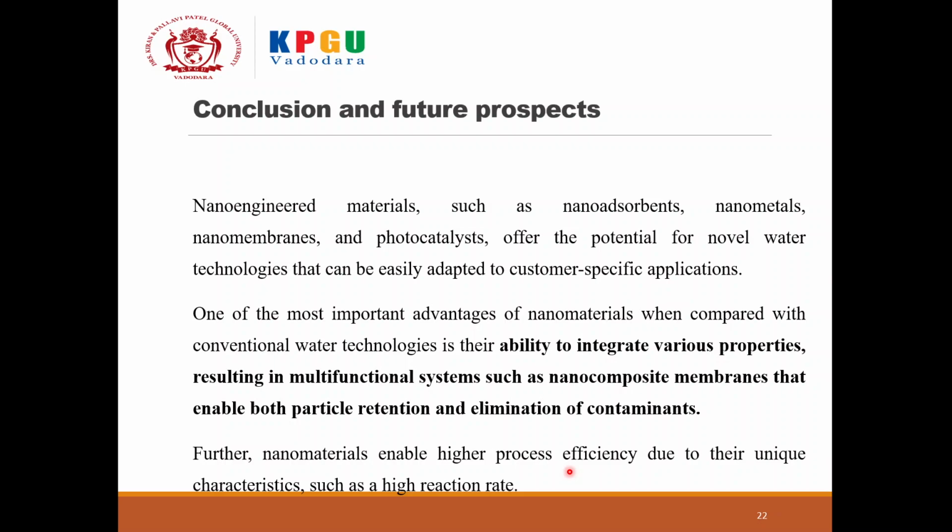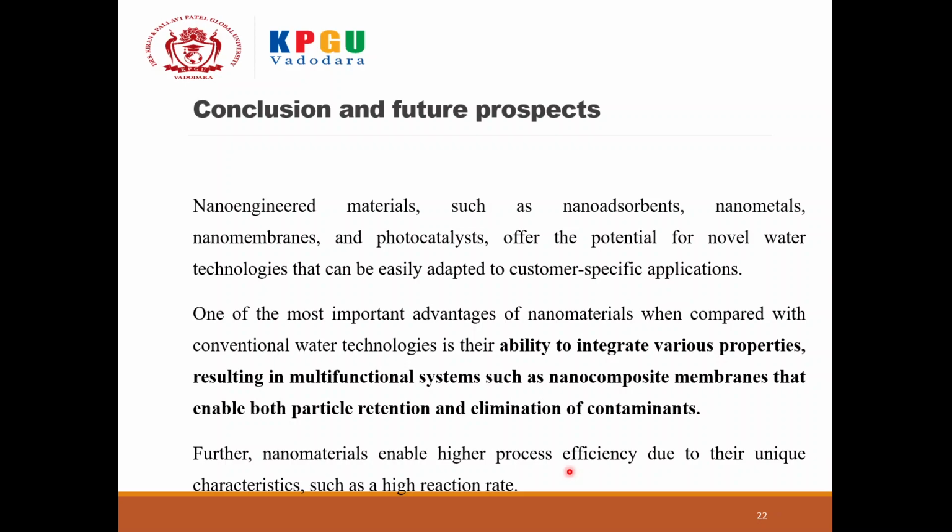So nano-engineered materials such as nano-adsorbent, nanometal, nanomembrane, photocatalyst, and many other varieties offer the potential for novel water technologies that can be easily adapted to customer-specific applications, because this is one of the applications which affects our day-to-day life.